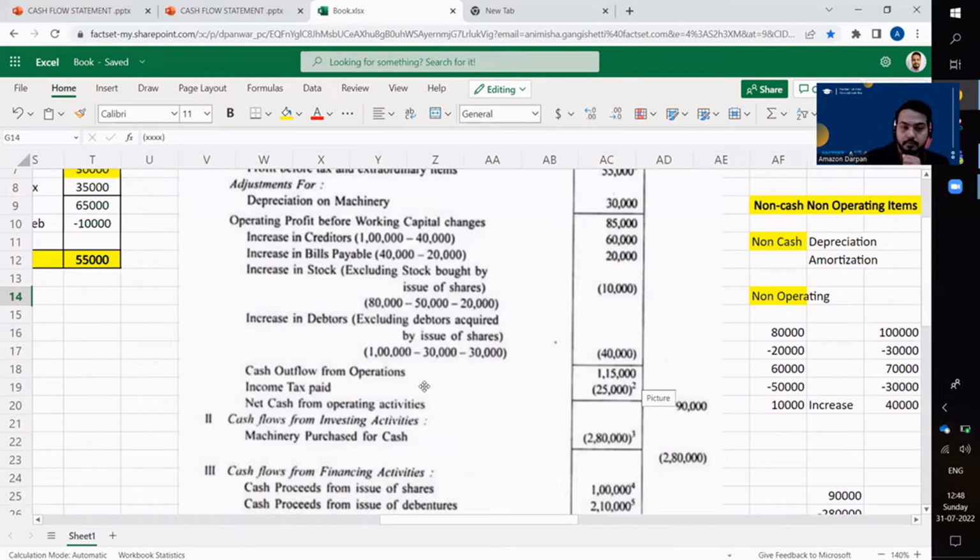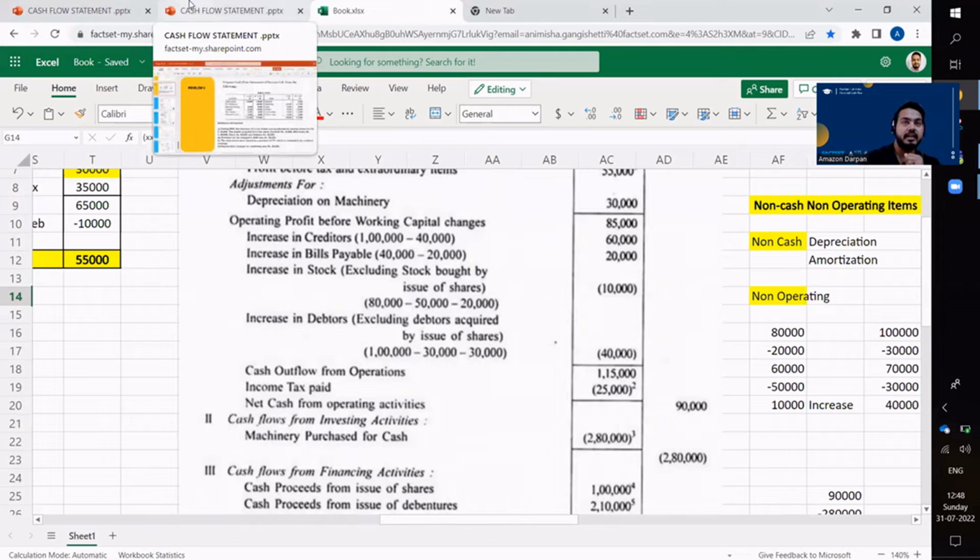Okay. Now, what we look at is income tax paid, which is 25,000. Now we have to see what are the entries for income tax. I am not going through the entirety of ledger accounts because I am assuming you guys would have a general idea about how ledger works, how ledger items are, right?